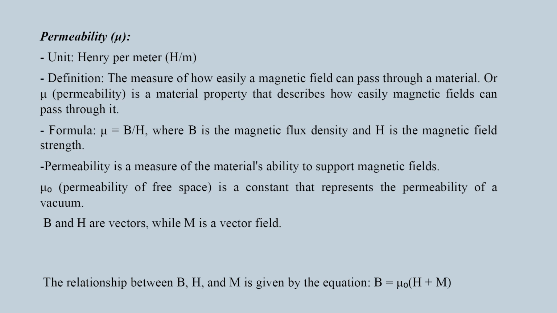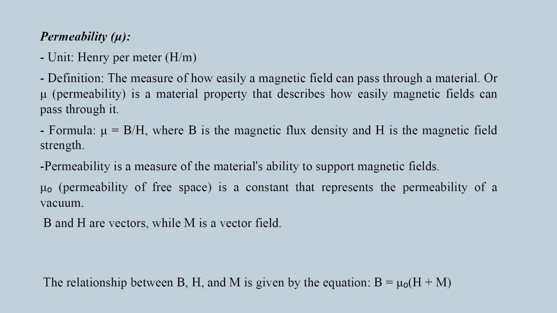Formula: mu equal to B upon H, B equal to mu into H, where B is the magnetic flux density and H is the magnetic field strength. Permeability is a measure of the material's ability to support magnetic fields. Mu naught is the permeability of free space, a constant that represents the permeability of a vacuum.